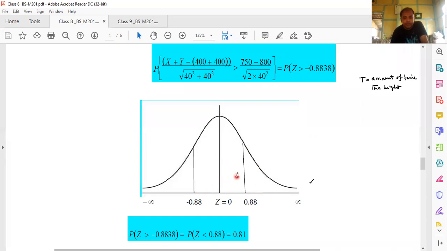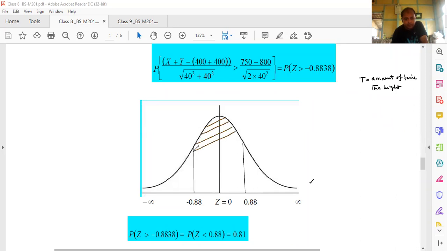Now you see that, according to what I have obtained, we are supposed to find the area of this region, z greater than minus 0.88. So we are interested in finding the area of this portion.